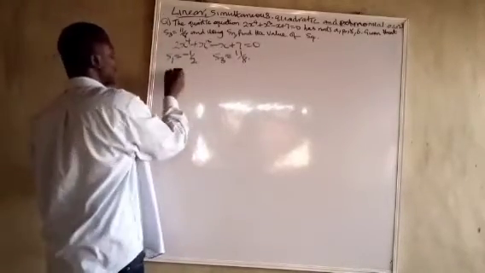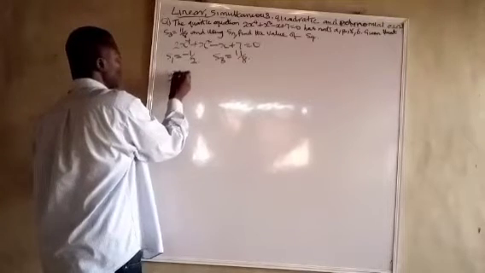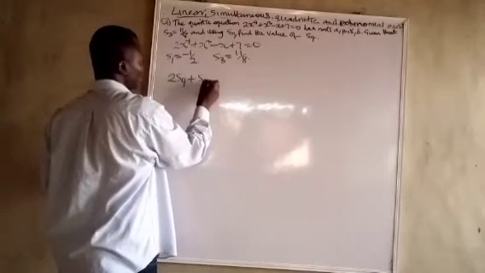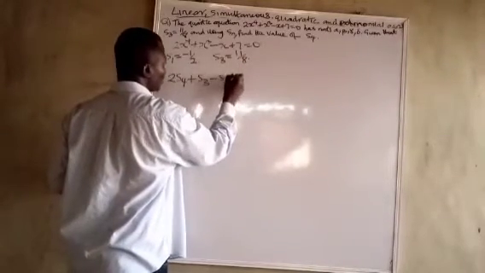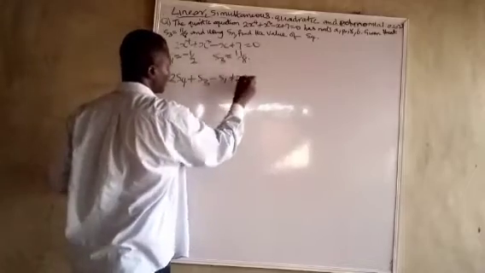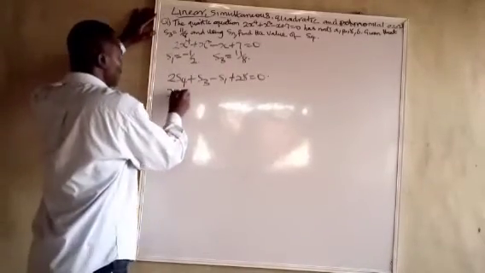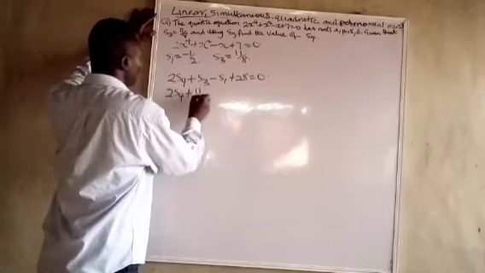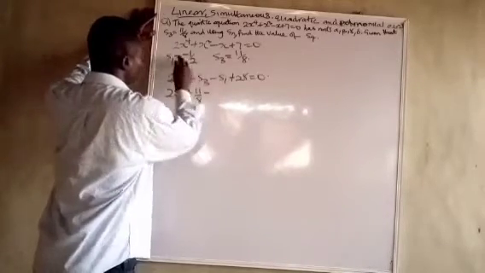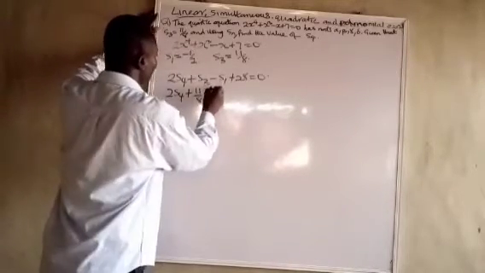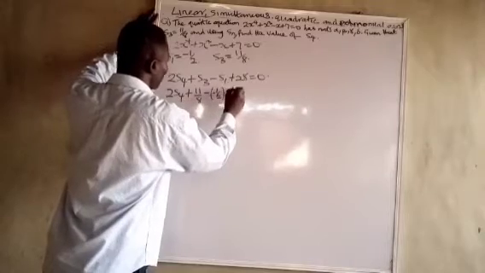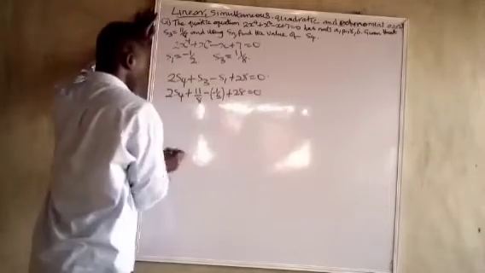Now let's express this in terms of S. So we are going to have 2S4 plus S3 minus S1 plus 7 times 4, 28, which equals 0.